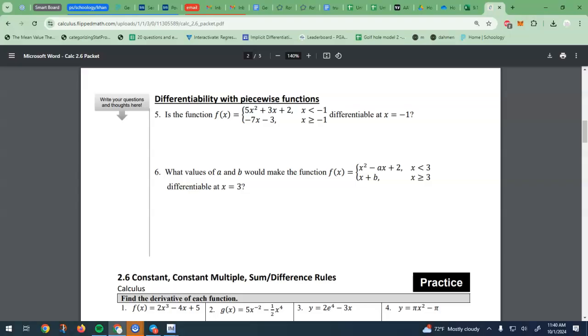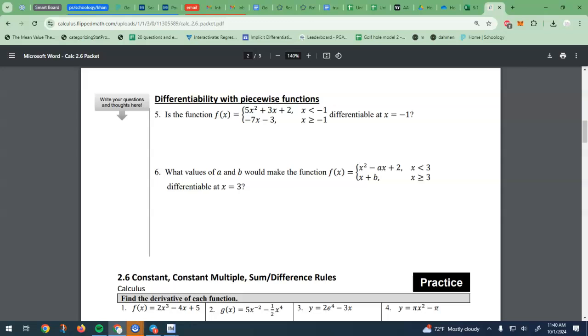I get 4 for that. Whoa. Don't tell Mr. Brown. Everything's fine. So when I plugged in, I got 4 for both of the y values. That's checking that it's continuous. Now I gotta check if it's differentiable.